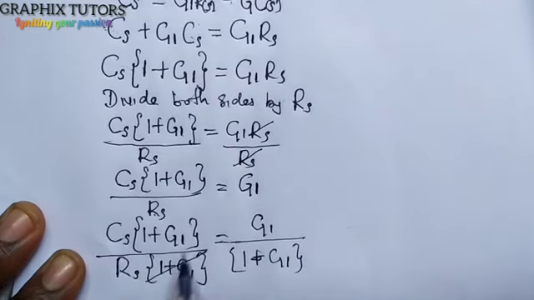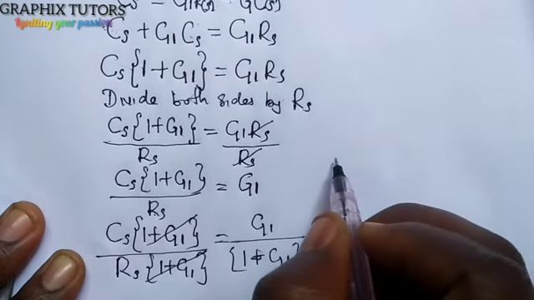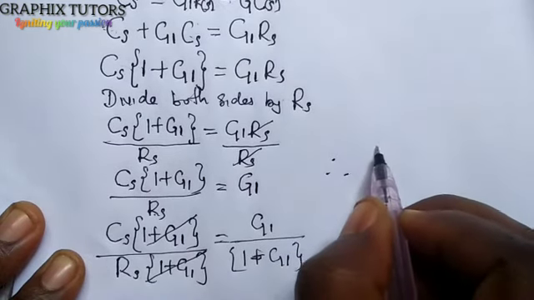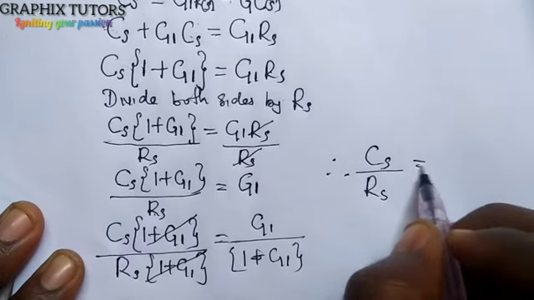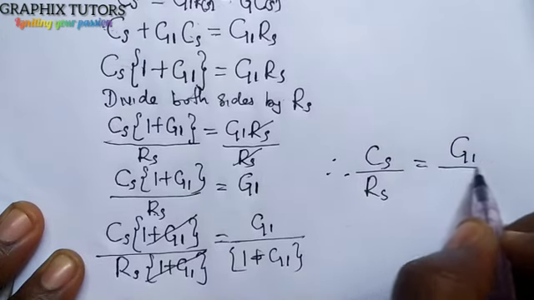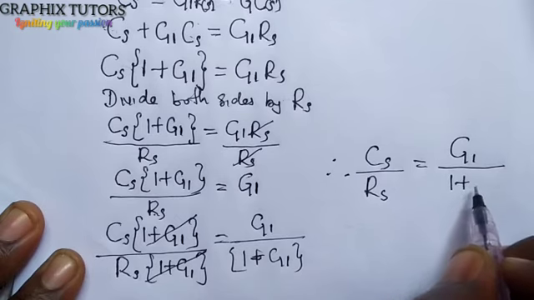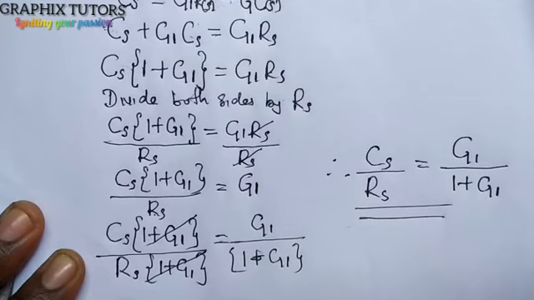So we equate this, and we say that therefore C over R, the output over the input, will give us G1 over 1 plus G1. So this is my answer.